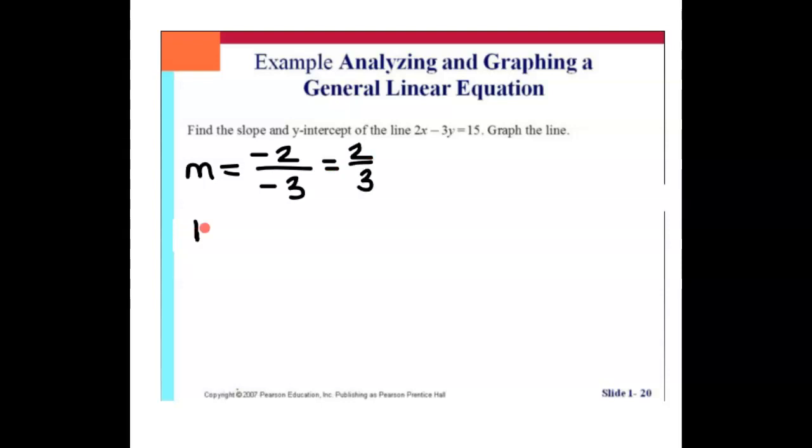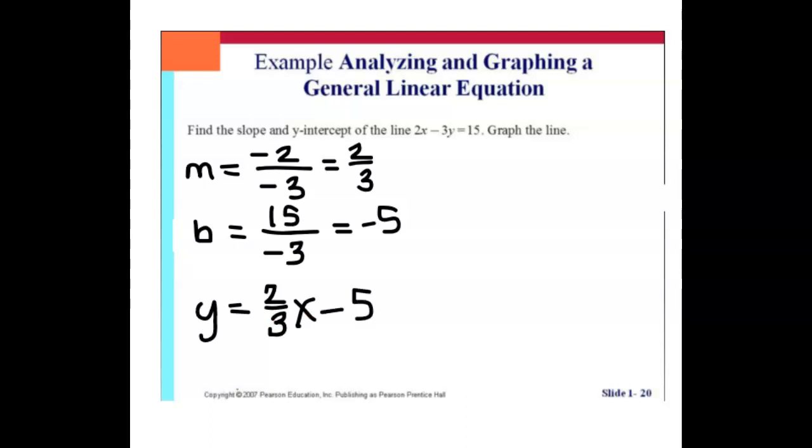My y-intercept is c, which is 15, over b, which is negative 3. So my y-intercept is negative 5. So the equation of my line in slope-intercept form is y equals 2/3 x minus 5.